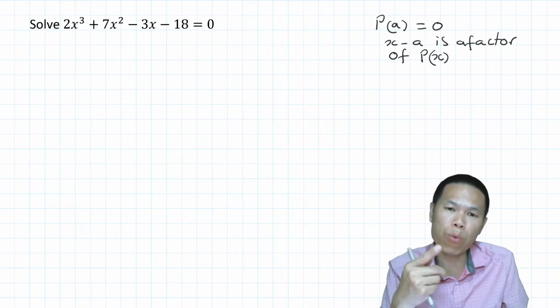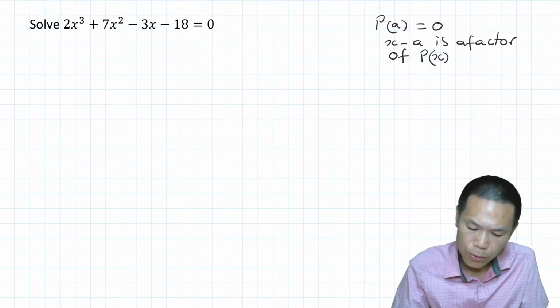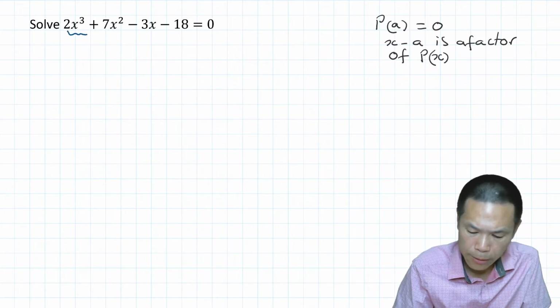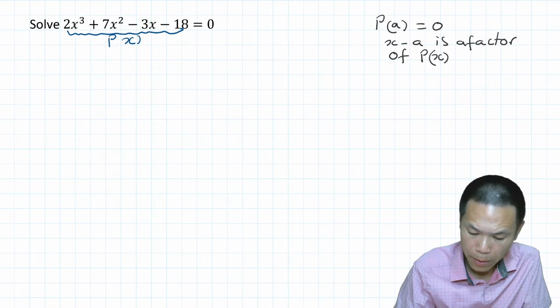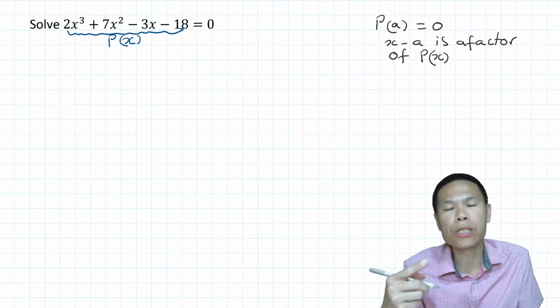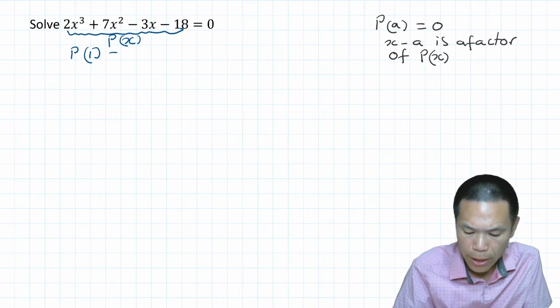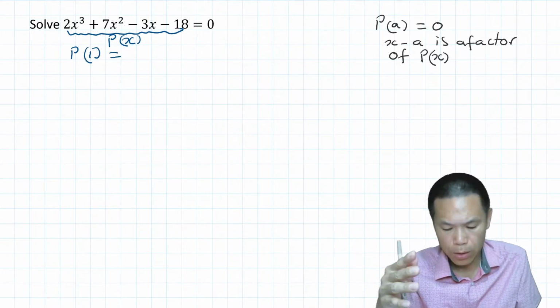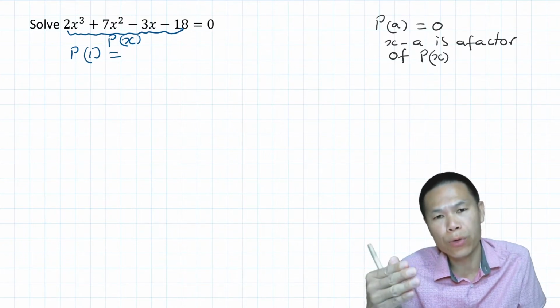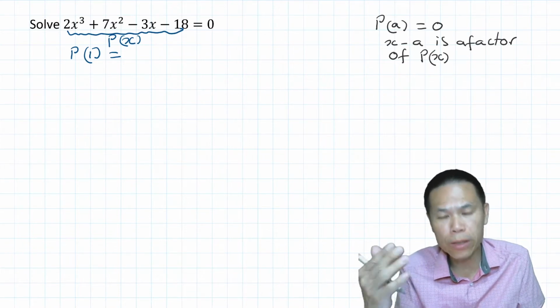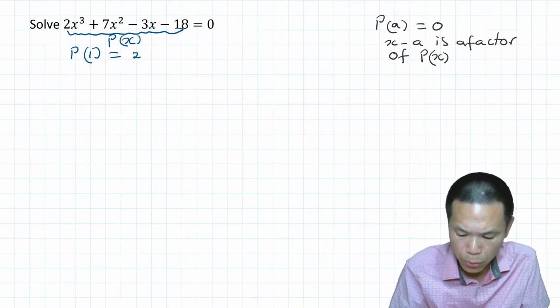So let's try P of 1 first. We know this is P of x. So P of 1, that is, we replace x with 1. So 2 lots of 1 to the power of 3; 1 to the power of 3 is 1, so times 2 is 2.